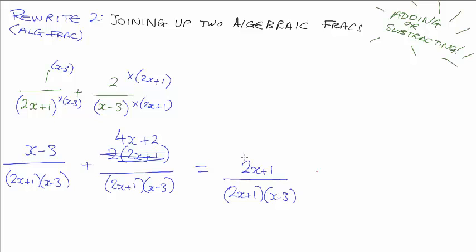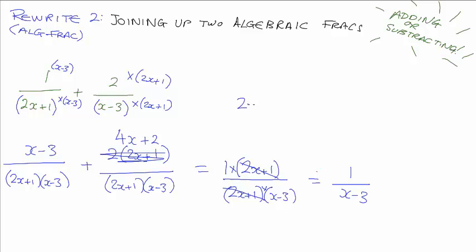You can almost write it as this times 1. So I've just rewritten the top as a chain of things multiplying. And look, I have a common factor, and I can cross this out. So that would cancel to 1 over x minus 3. Do you see that?